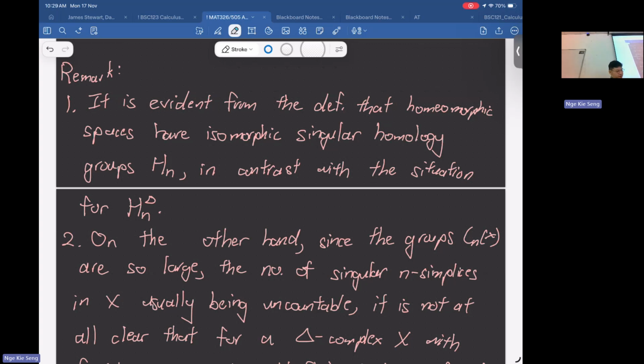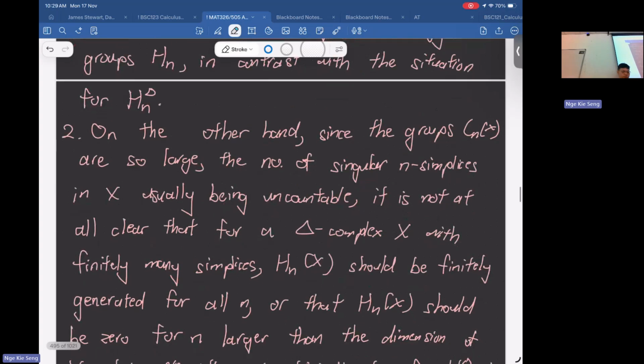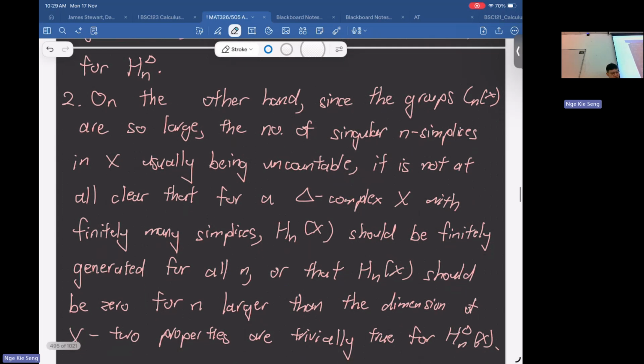This is different from H delta n here because there we need to check. But on the other hand, this group you can imagine is very large. For one delta n, maybe you can have different continuous maps that you can map into it. But this is not the case for delta complex X. So it is not clear why this singular homology will compute to something like what we computed just now.